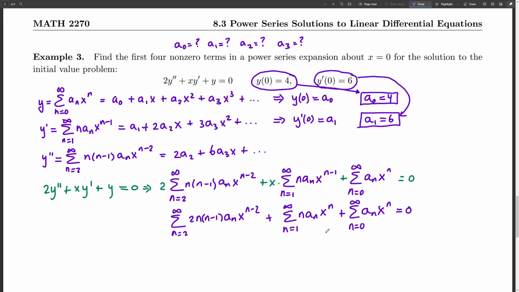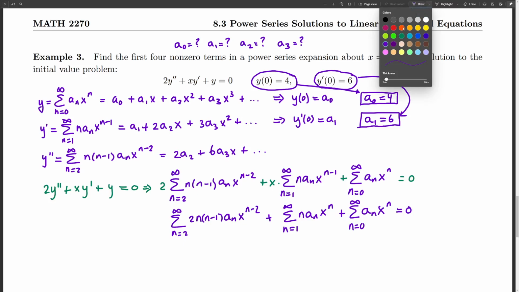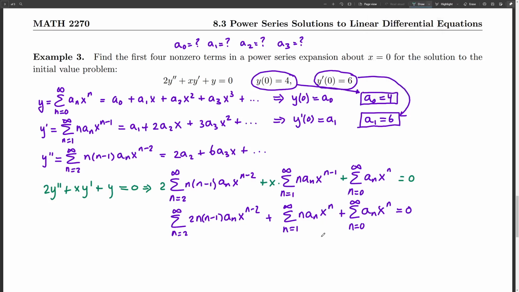The nice thing about combining these three series is that the latter two already have x to the power n. So what we can do is introduce a new counter here and replace the n by k.